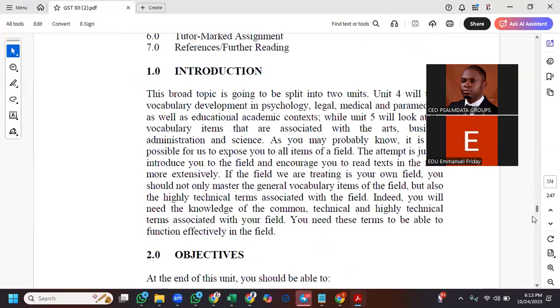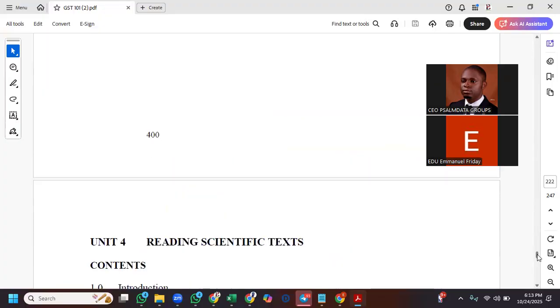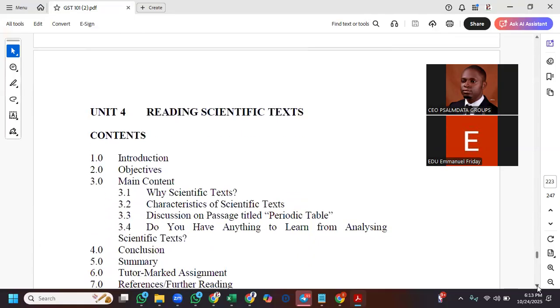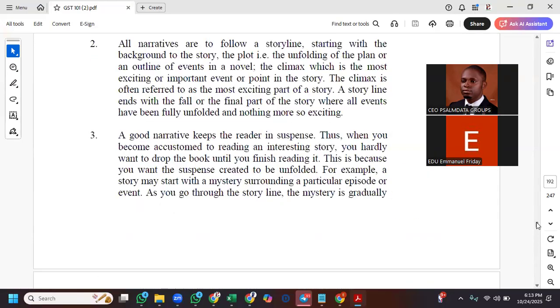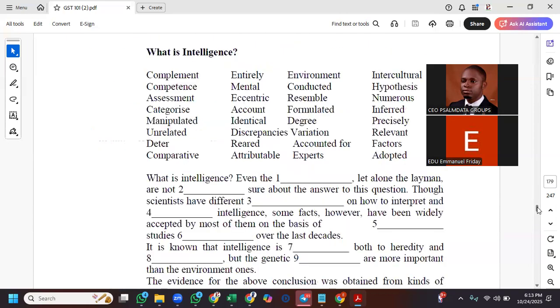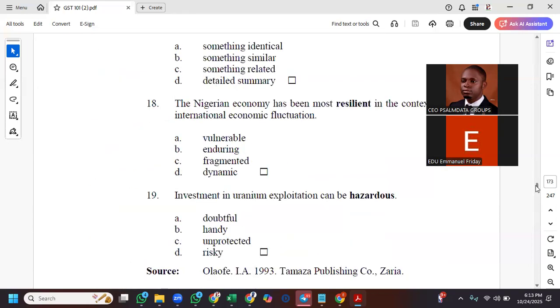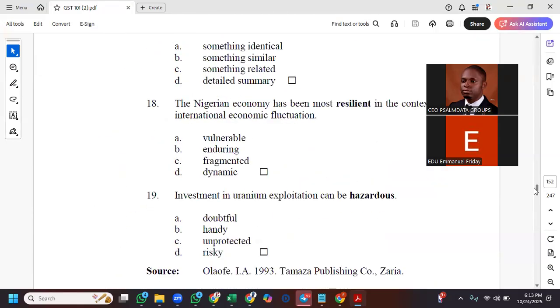Okay, module 4. Let me go there and we see. Ah, no, this is unit 4. I've gone far already. Where did module 4 start from? We want to look at several methods of writing essays that we have.